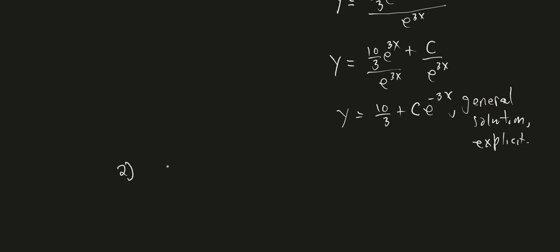So let's say it is 2 dy/dx minus (1 over x) times y, and then on this side I have x squared plus 1.